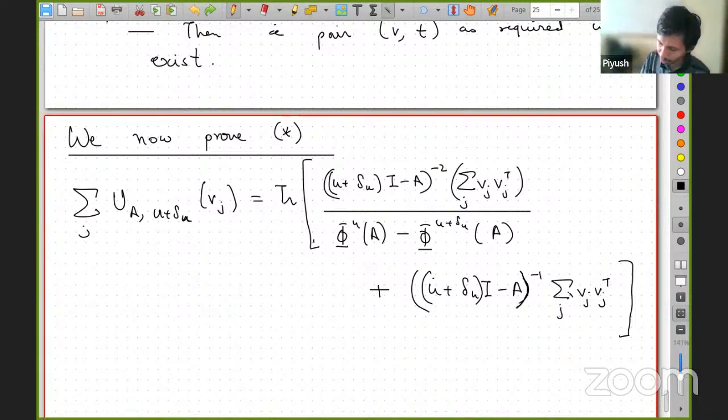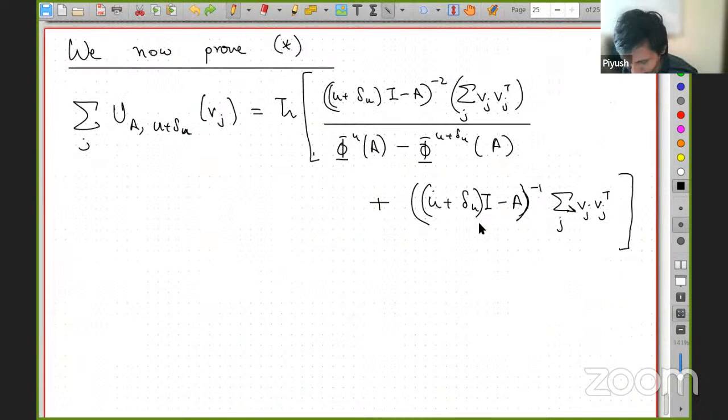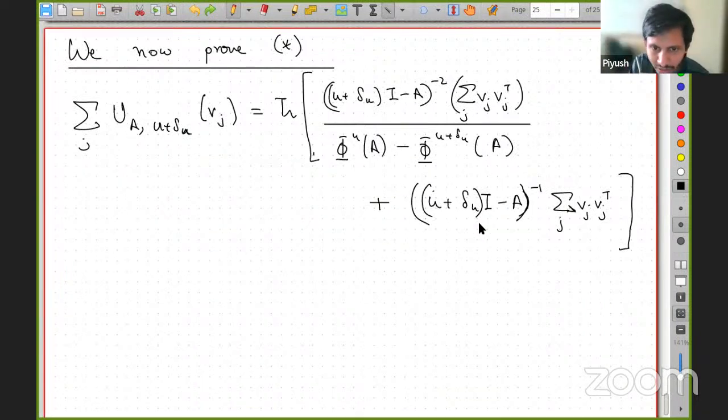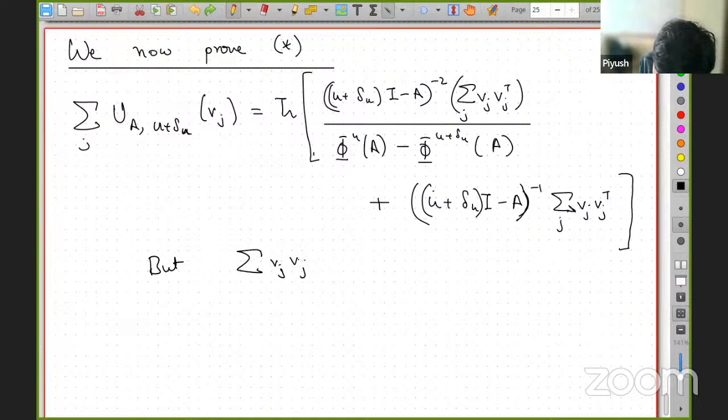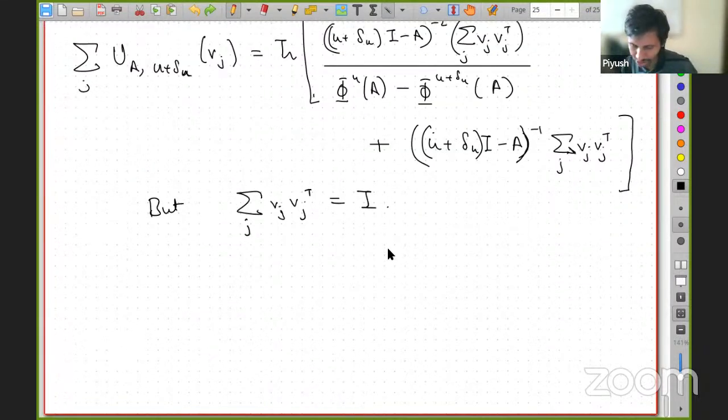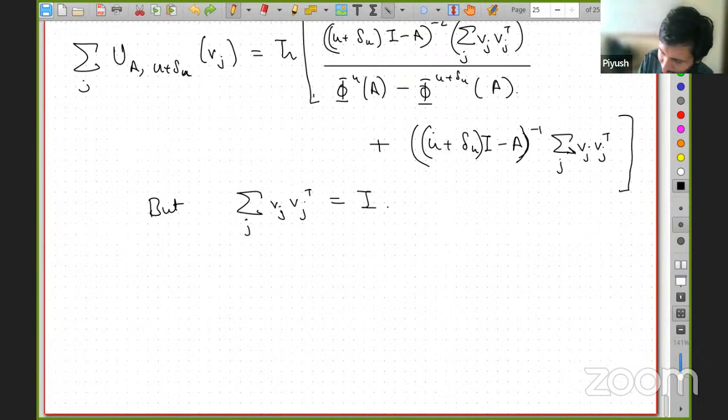Okay. But what is the summation over j of Vj Vj transpose? It is identity. That was the condition on the vectors. So this becomes identity, and now we are just taking the trace of these kinds of polynomials and this barrier function.